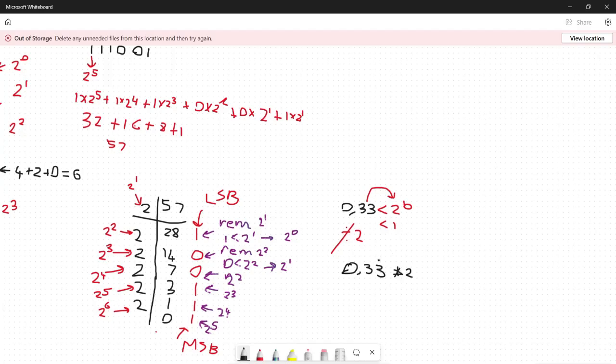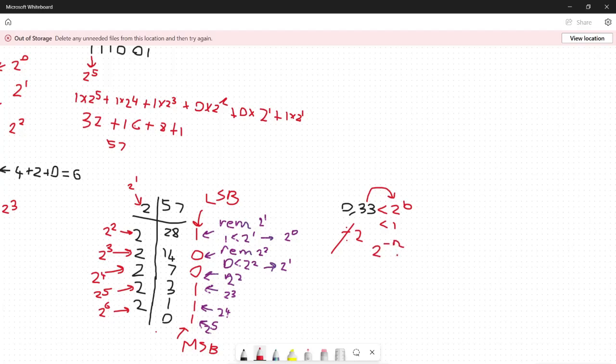What this number is, it's 2 to the negative something.